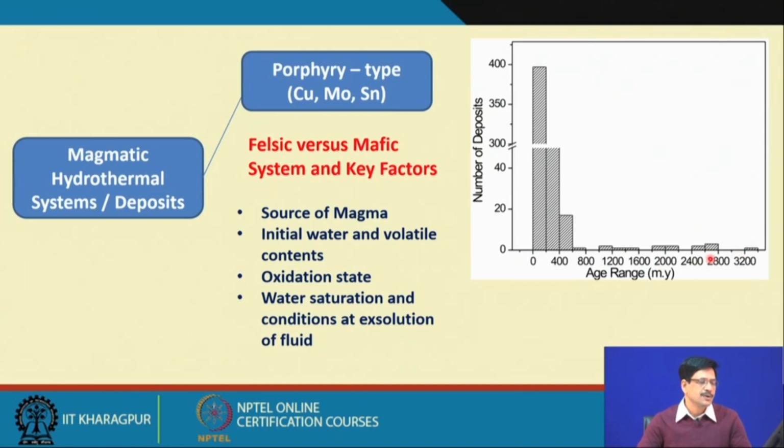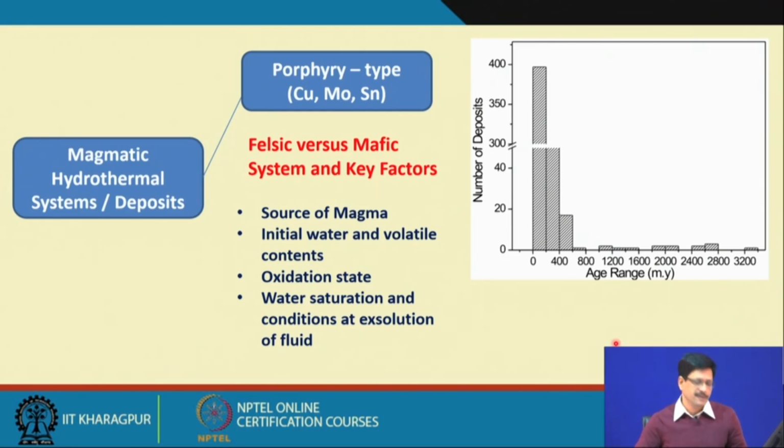As we discussed, older deposits are generally difficult to classify because their characteristics get changed during later processes. So on the whole, we can consider these porphyry copper deposits to be young deposits forming in very recent time, and they are the most studied ones across the world, from many different continents.